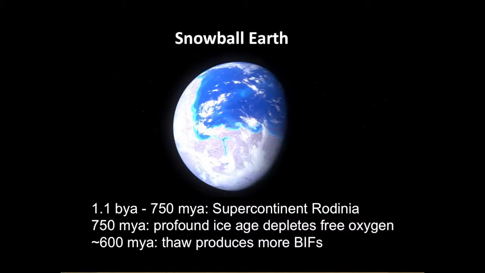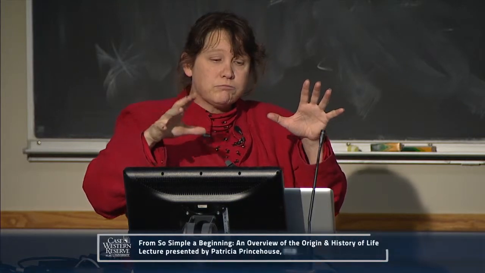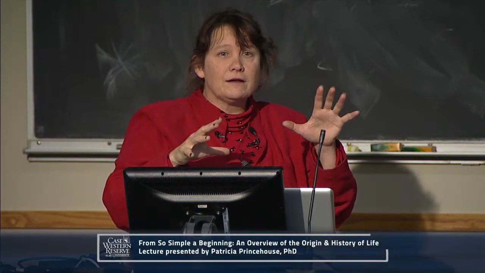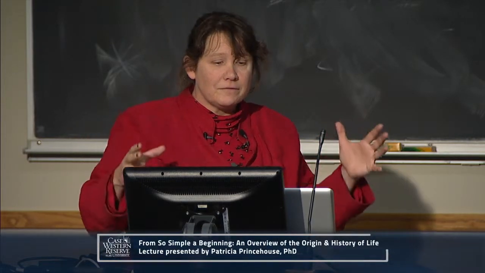Another major event in the history of the Earth, around 1 billion years ago, is the formation of the supercontinent Rodinia. The tectonic plates eventually all come around to being in one place. You have this supercontinent. It eventually starts to split up, but perhaps as a result of that, you have an intense ice age, a glaciation.